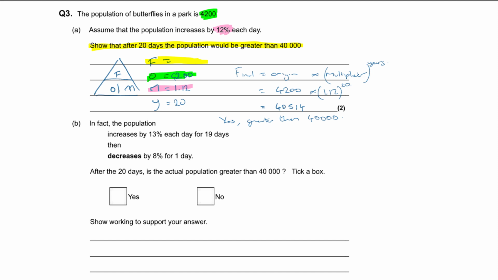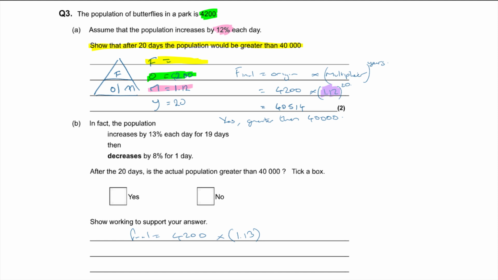Okay, so for this one, if we're going to change this to 13% and reduce the number of days to 19, but then add a final multiplier on the end, we're going to get our final is equal to 4,200 times, rather than 1.12, it's going to be 1.13 for our 13%.